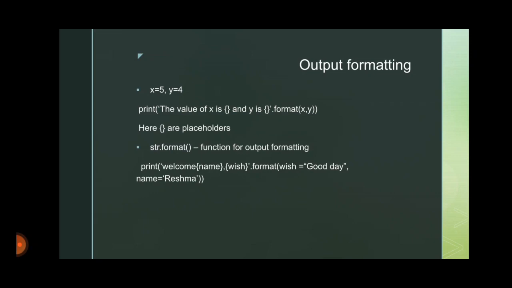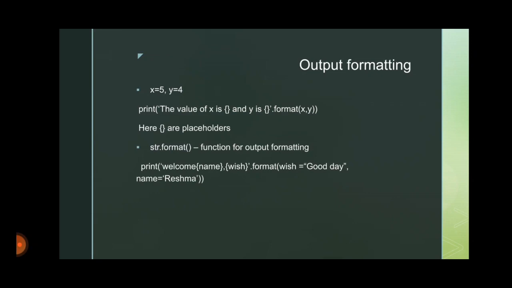At the end, we will discuss this in the lab session, where I will display the content in the Python runtime environment. Then str.format is the basic output format syntax. That is, we have to specify the string and the dot format, and the parameters we have to specify within the format function. Another method is print welcome name comma wish.